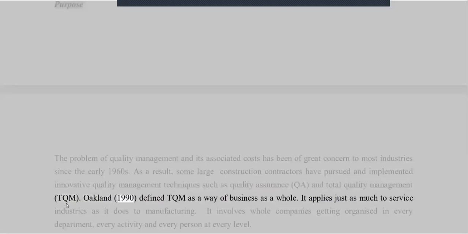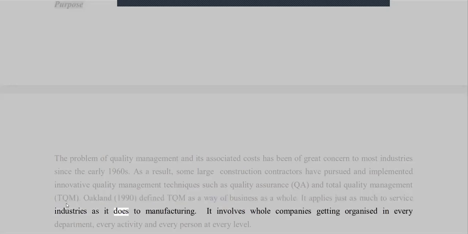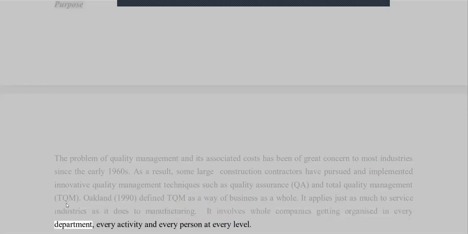Oakland, 1990, defined TQM as a way of business as a whole. It applies just as much to service industries as it does to manufacturing. It involves whole companies getting organized in every department, every activity, and every person at every level.